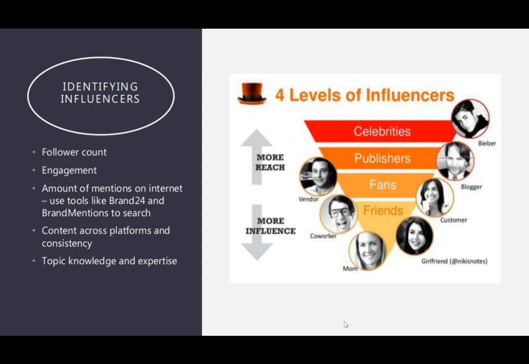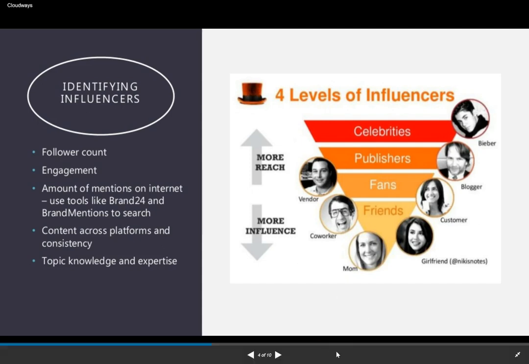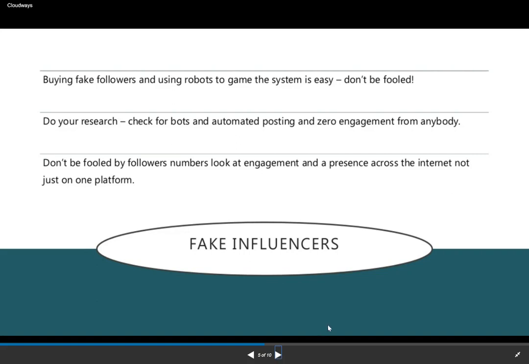Use tools like Brand24 or Brand Mentions. You can quickly search someone's name or handle and you can pick up all the conversations and mentions and really analyze and see what's going on. Also look for content across platforms and their consistency, and have a look at their knowledge and expertise, if they truly are thought leaders in their field.